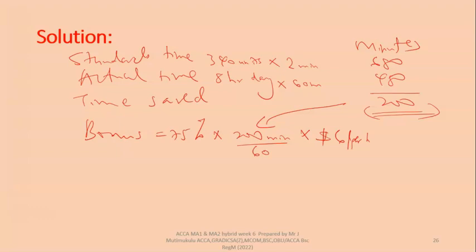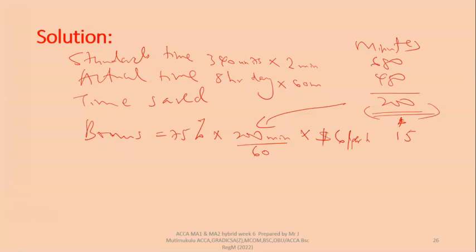So we just divide by 60. So 75% multiplied by 200 minutes over 60, multiplied by $6, and we get $15. That's the bonus.